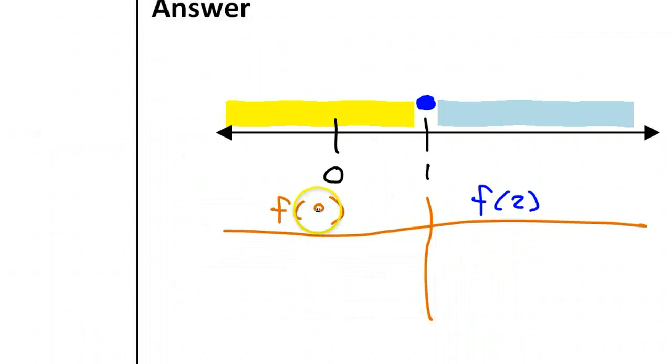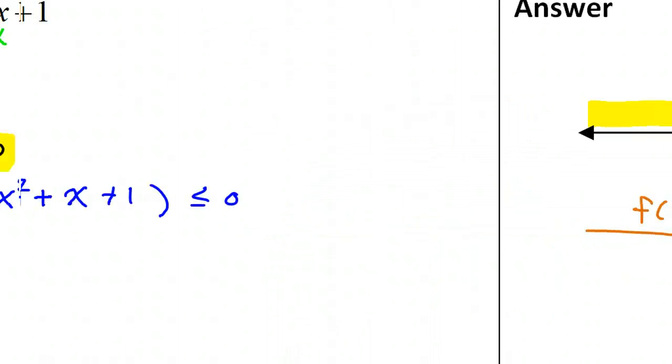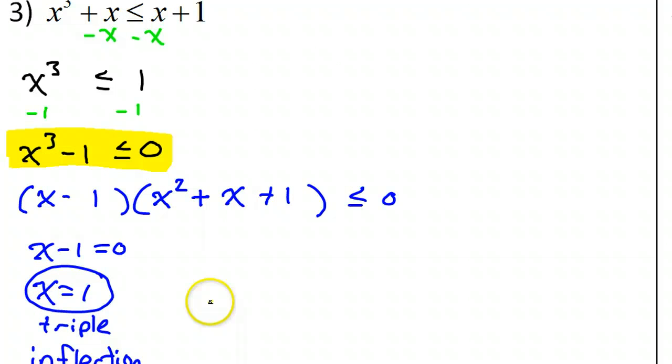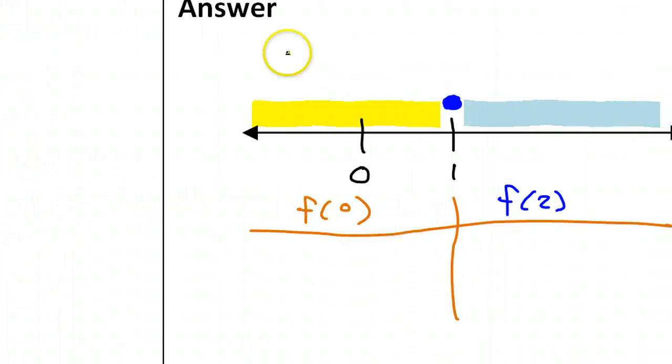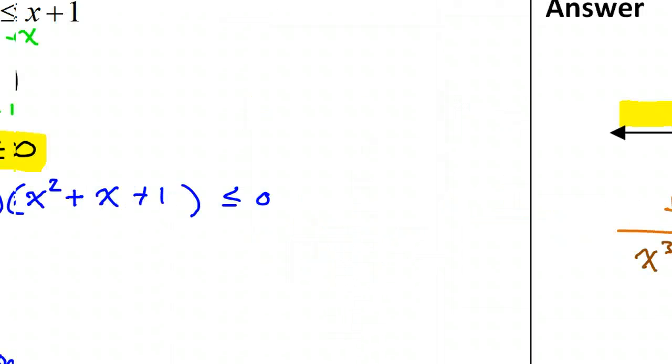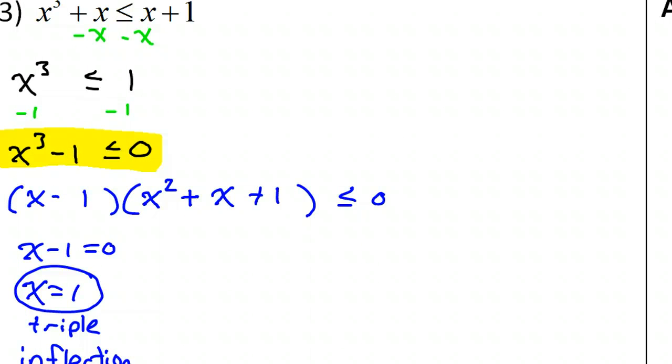So I'm going to plug those in, using this function right here: x to the third power minus 1 is less than or equal to 0.